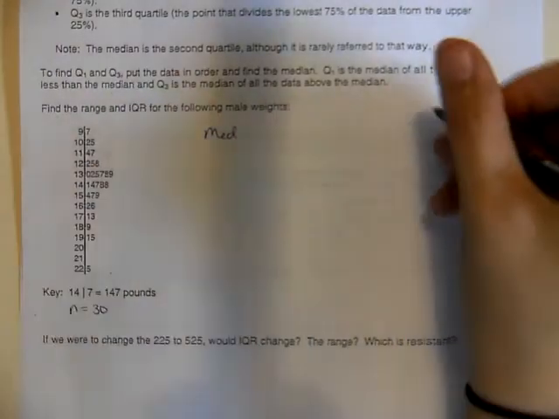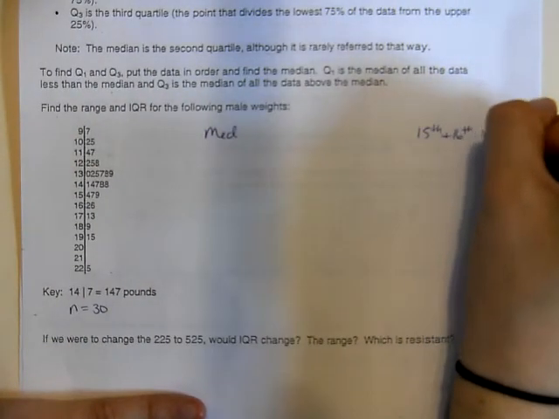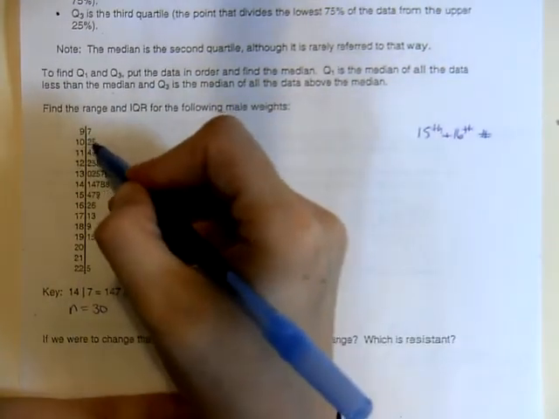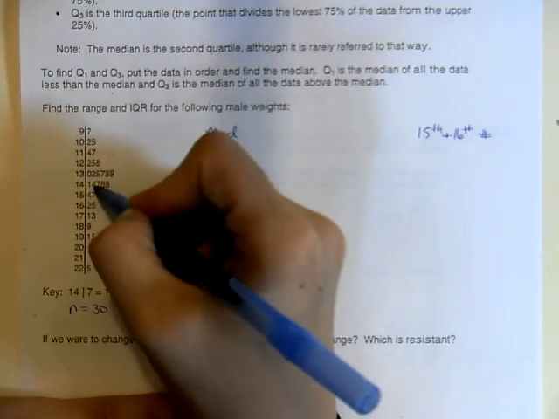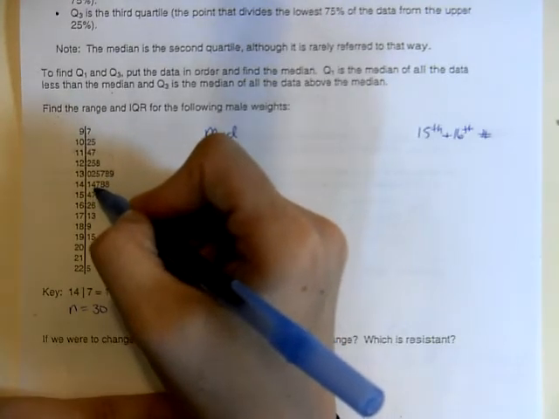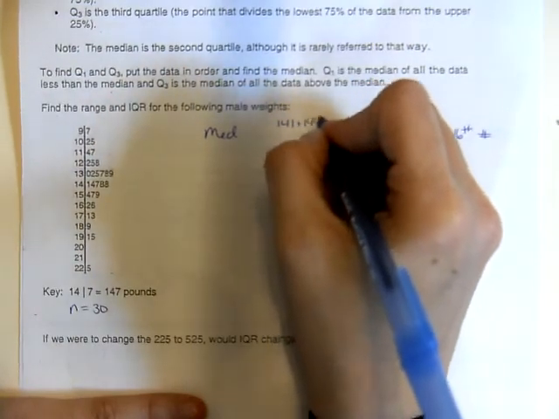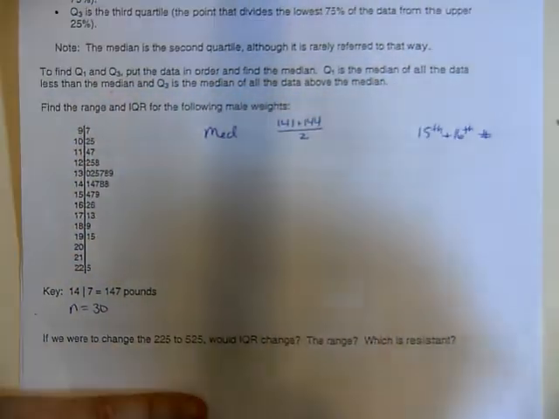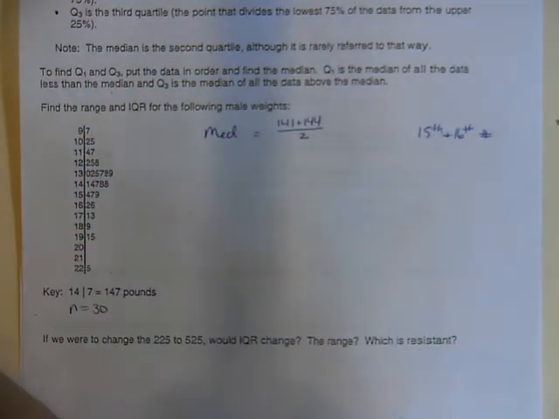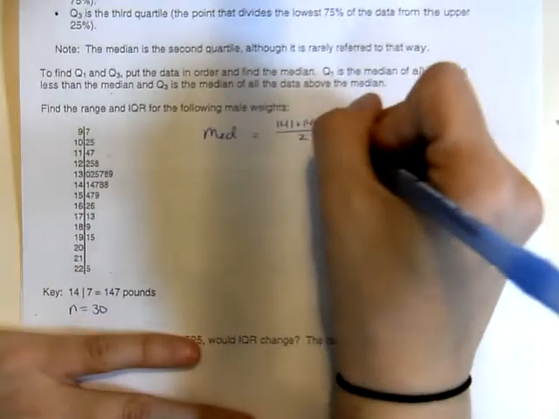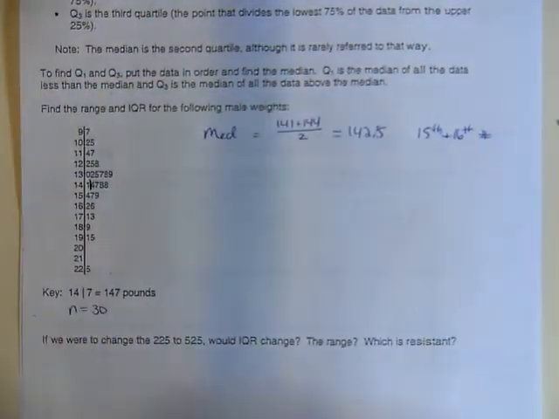So the median is between the 15th and the 16th number. So 1, 2, 3, 4, 5, 6, 7, 8, 9, 10, 11, 12, 13, 14, 15, 16. So it's in between 141 and 144. I'm going to take the average, so I get 142.5. So the median's right here.